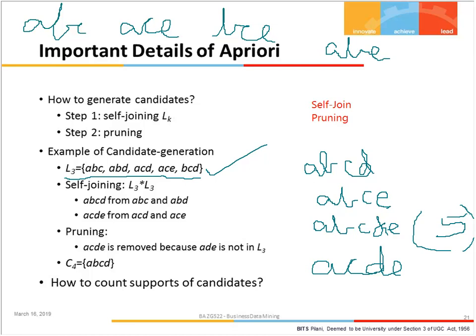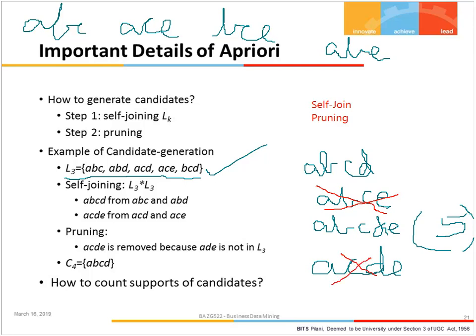ABE. Looking at this, we can recognize that ABE is not frequent. So what it means is that ABCE cannot be frequent. Similarly, we can prove that ACDE is not frequent because ADE is not present.